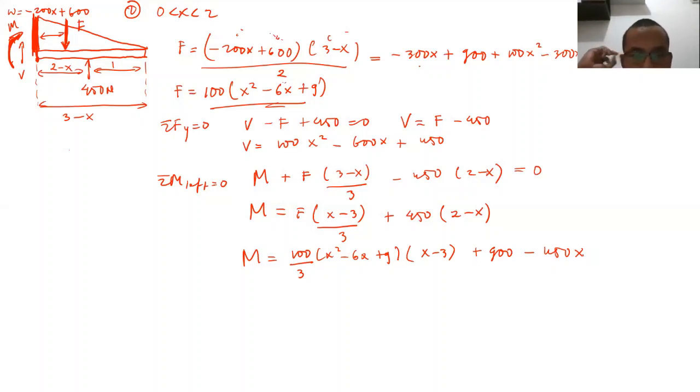The moment here we will have is 100 divided by 3 multiplied by x to the power of 3 minus 6x squared plus 9x, okay, minus 3x to the power of 2 plus 6x plus 18x minus 27.